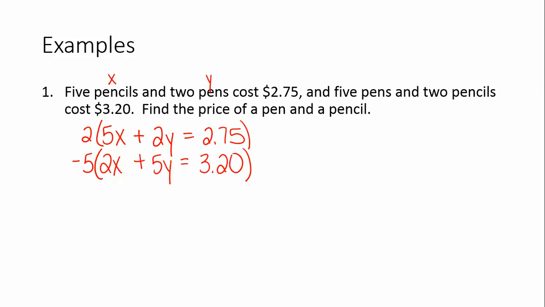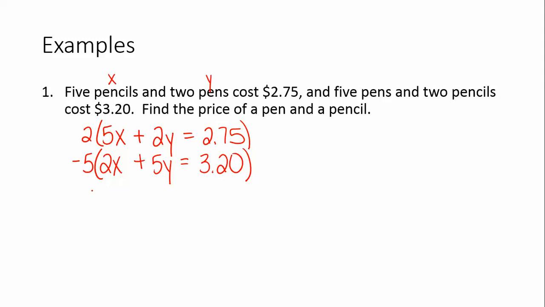Remember, you have an option. You can try to eliminate y if you'd like. You could have done the top equation by the -2 or the bottom equation by +5. Remember, you don't always have to have the negative where I put it, but this is the way I chose to do it. So I need to multiply all the way across. And you'll definitely want a calculator for these since we're dealing with decimals and money.